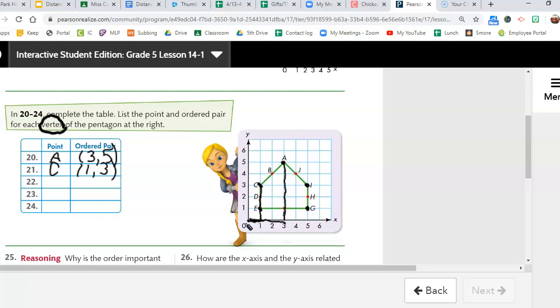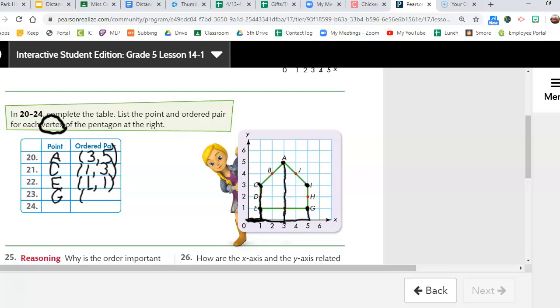Next up, I'll do point E. I know it's going to get a little messy, but I know you guys can tell. So to get point E, I'm going to go over 1 and then up 1. So my point is 1, 1. All right, next I'm going to do right here, point G. To get point G, I'm going to go over 5 and then up 1.